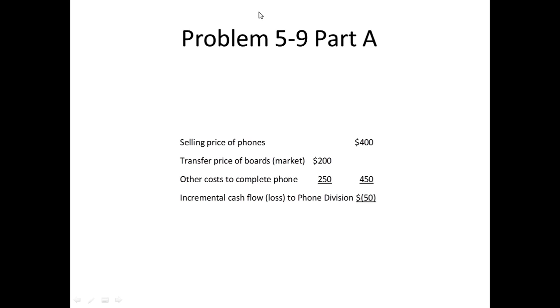So at a sale price of $400 and a transfer price of the circuit boards at their market value of $200, the costs to complete the phone are $250. So we have an incremental loss of $50.